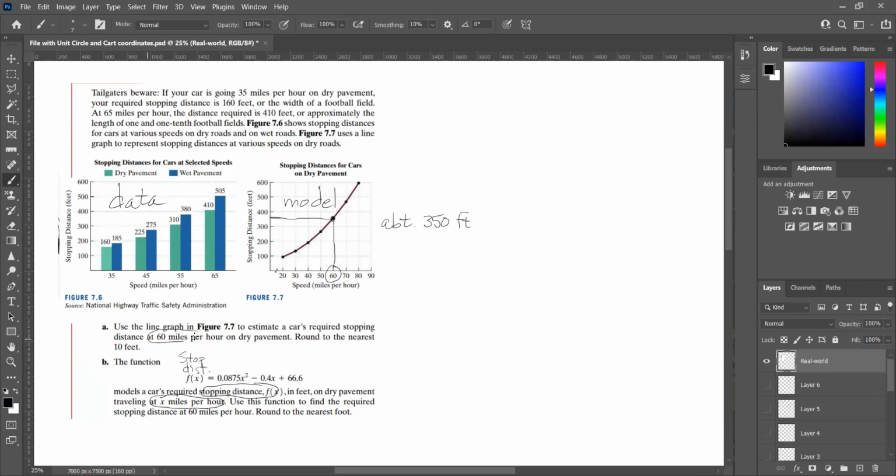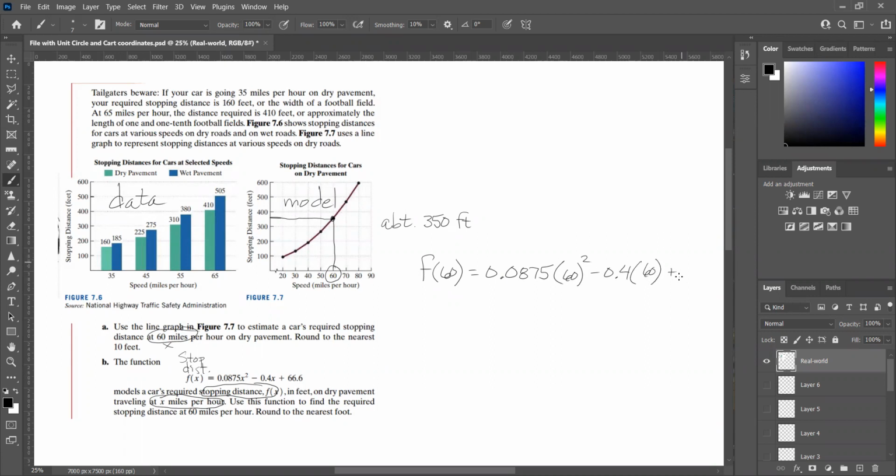Well, in our problem, we're going 60 miles an hour, so that's going to be the x. So what we're going to find is f of 60. That means I need to plug 60 in everywhere I see an x in that function.